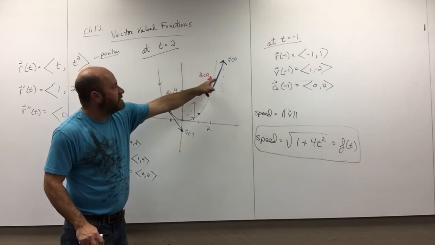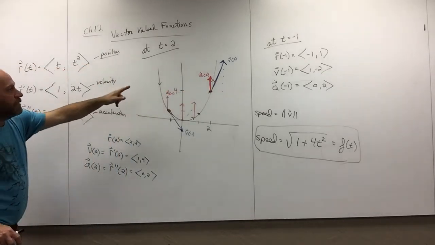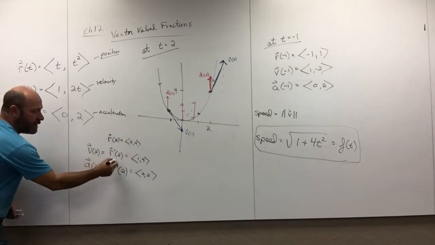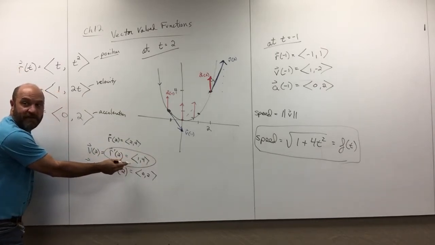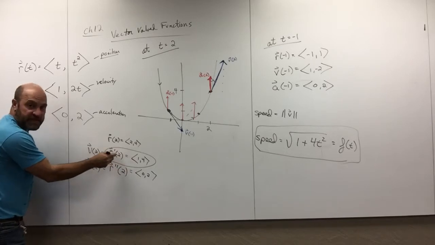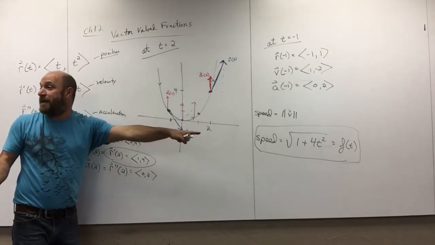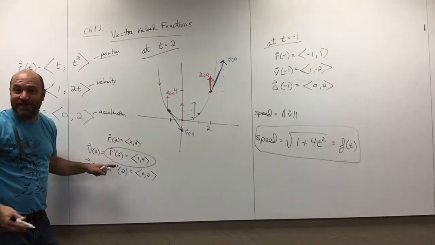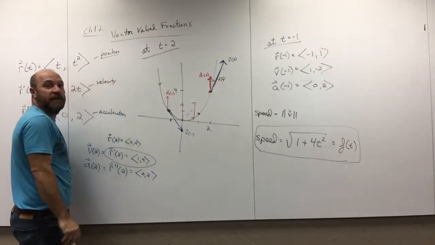Is that what this one is? Where was this guy? Oh, here he was. What's the magnitude of this? Square root of 17. I can find his specific speed, but I have a function over there for the speed at any time. I can use that, or I can use this, and I just discovered that this guy has a magnitude of the square root of 17. That's how long it is.